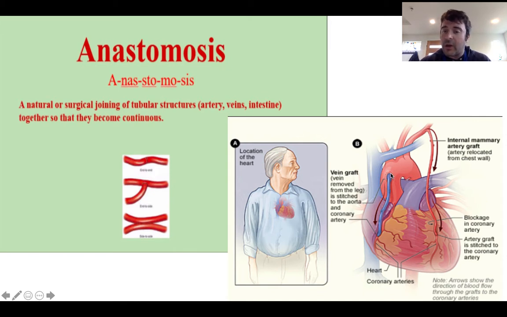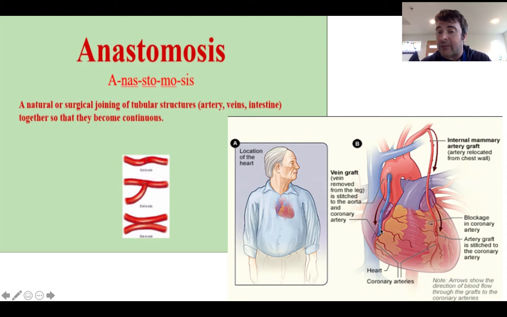What you can do is you can remove a vein, a vessel, from a different part of the body, and you can essentially sew those on and create an anastomosis, meaning a network, and join the two tubes and place this tube a little bit downstream from where the occlusion is in order to create an alternate blood flow network that can continue to deliver blood to these areas even though that coronary artery is occluded.